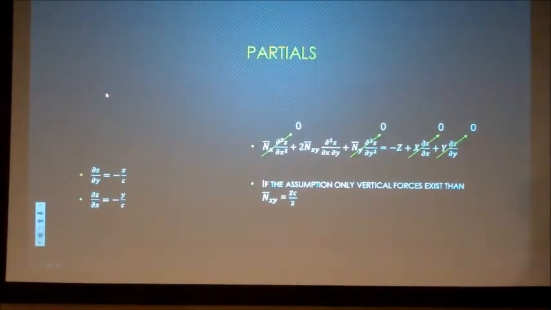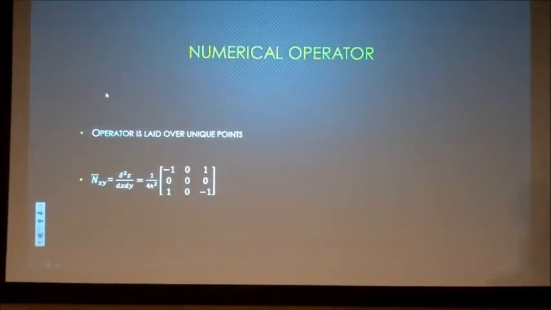And then from these partials here, if you were to go back and look at this, you'll see how they simplified these equations. But you end up with your z force just equaling zc over 2. And it's really quite simple. From our equations, I want you to recall that we've given numerical operators, which you can overlay typically along a diagonal, which for this example is because there is no horizontal forces.